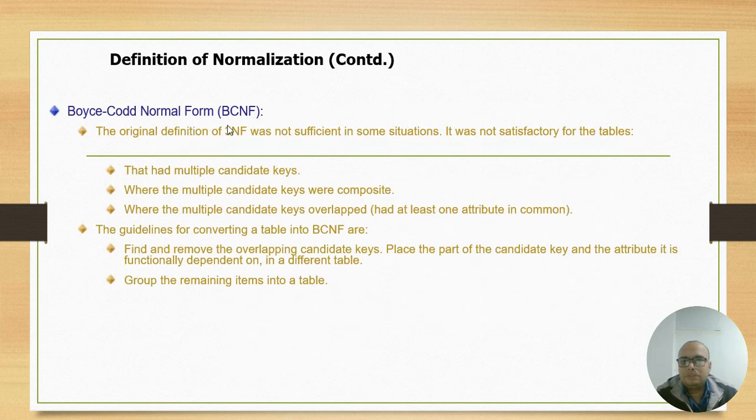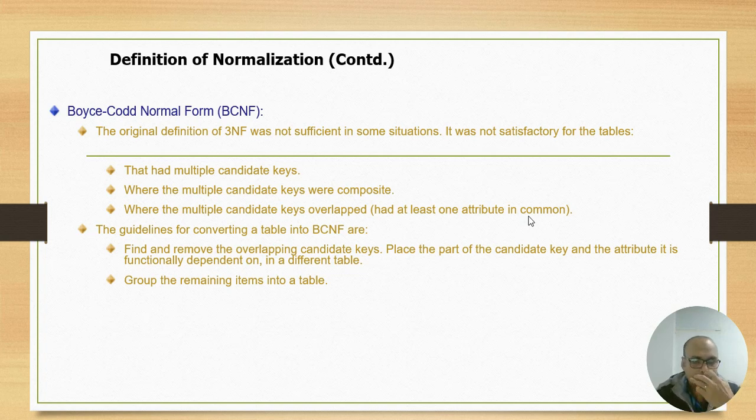Next is BCNF, Boyce-Codd normal form. The original definition of third NF was not sufficient in some situations. It was not satisfactory for tables that had multiple candidate keys, where the multiple candidate keys were composite keys, right? Where the multiple candidate keys overlapped and had at least one attribute in common.